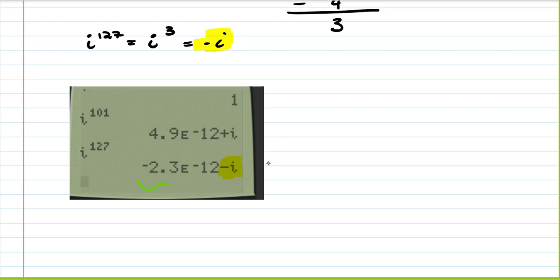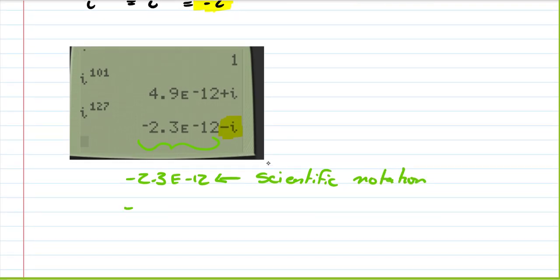So the question is, what is this negative 2.3 e to the negative 12? Well, this is our calculator's way of saying scientific notation. So this is really negative 2.3 times 10 to the negative 12th power, which would mean I need to move my decimal to the left 12 places. So it's negative 0.000000000002 3.